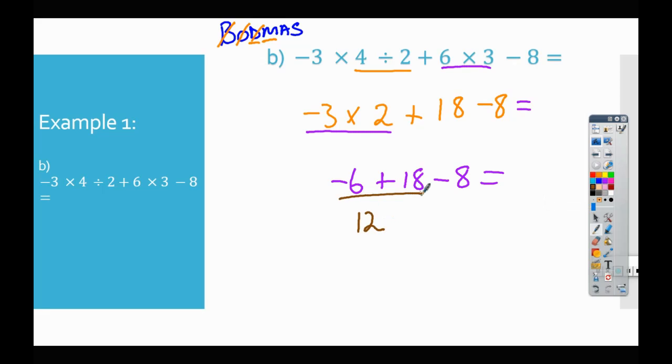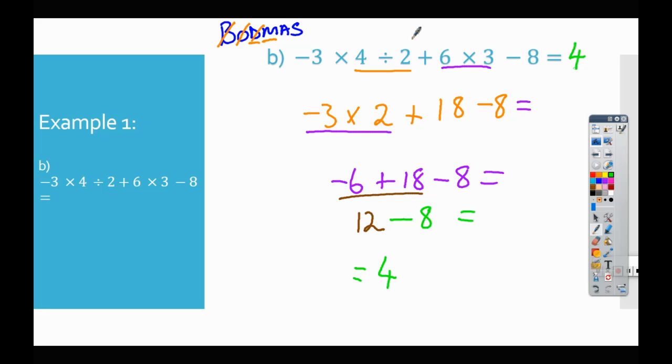Okay, that's this answer here. And then we need to do the final one. That's the negative 8 we did not use. So that is now 12 minus 8. And this will give us a final answer of 4. So that's how we do BODMAS as well. So our final answer of 4 is what we get.